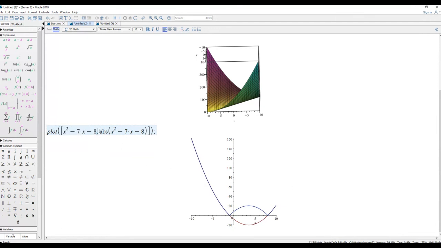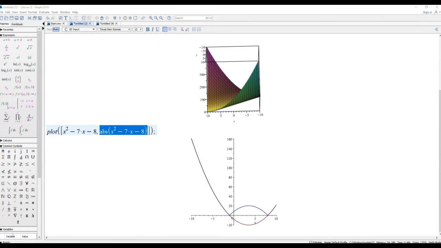The red curve is the original parabola, and the blue curve is the reflected part where you reflect the negative part through. Because when you take the absolute value of something, it can't be negative, right? So that's a really easy example of how to use the plot command with absolute values.